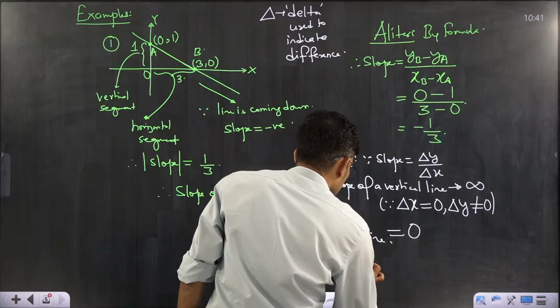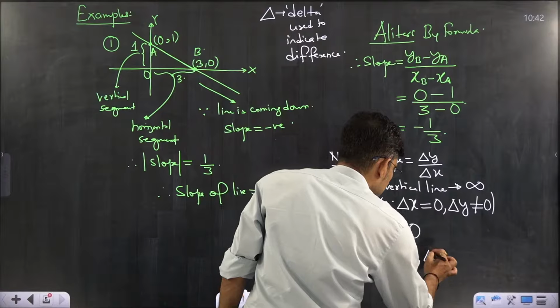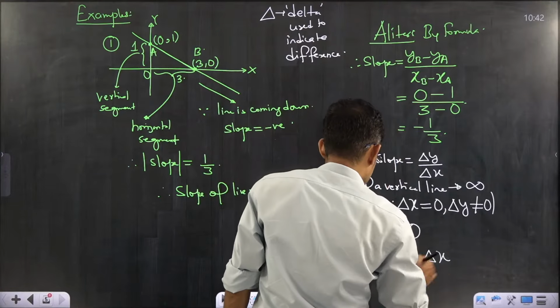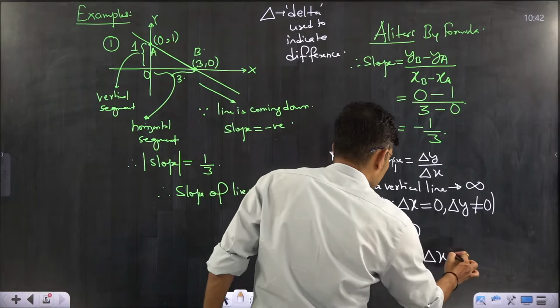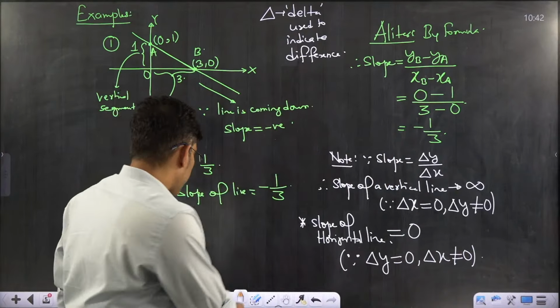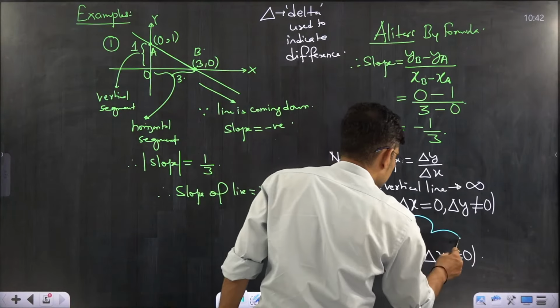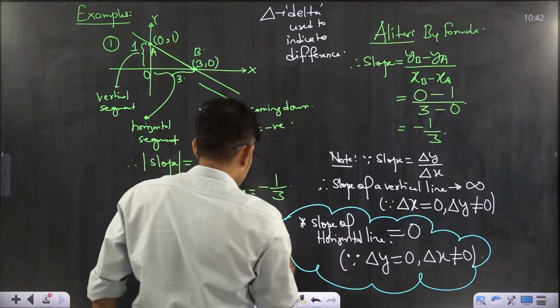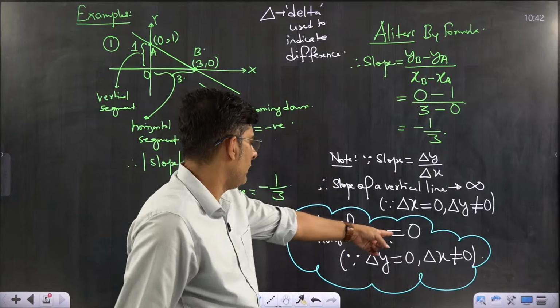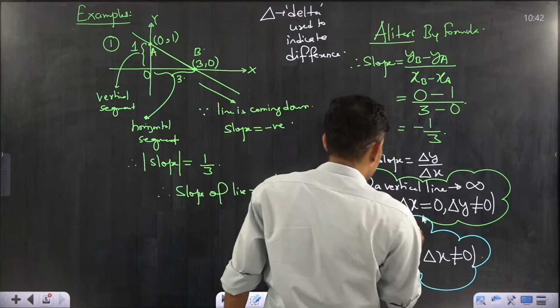Why? Because when you move along horizontal, what will not change is y, and what will change is x. So, very important result, whenever we have any horizontal line, the slope is 0, and whenever we have a vertical line, the slope is always infinite.